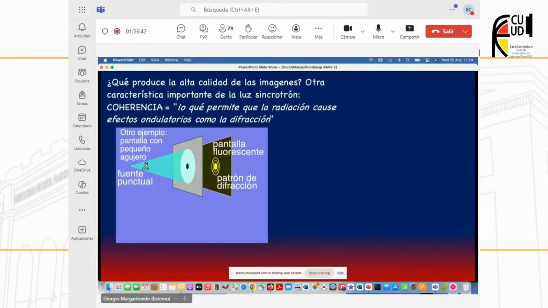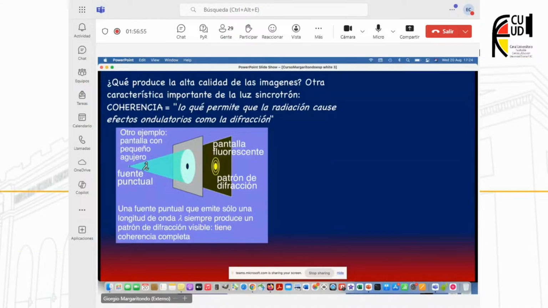However, we must be more realistic. And so let me start relaxing these conditions and suppose that instead of having a point source, we have an extended source, or instead of having a fully monochromatic source, we have a source that emits a band of wavelengths.